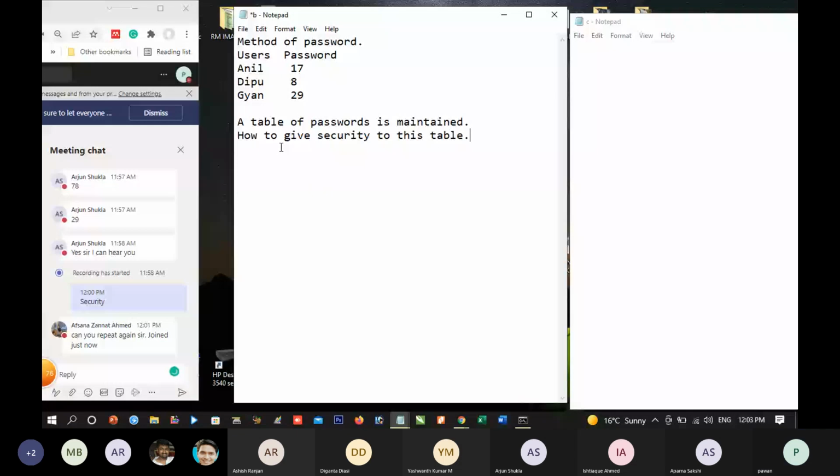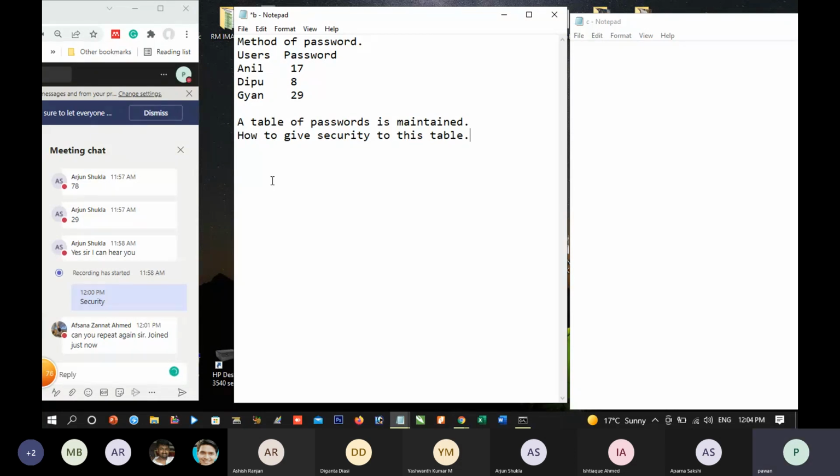Now, the table of passwords is in the form of a file. This itself is stored somewhere. And what happens if this table is leaked? Someone is able to see this table itself. So the passwords of all other users are known to him, and he can give those passwords and can do the entry.